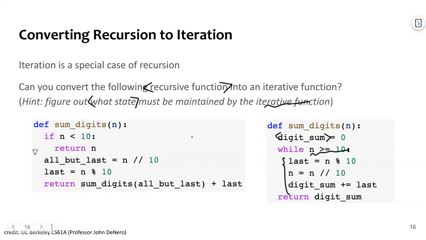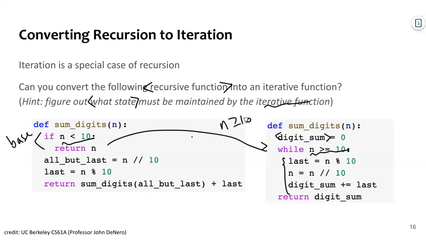So basically, in this case, we cared about the base case. And this base case was when n was smaller than 10. However, in this iteration, this is the opposite, right? We do this when n is larger than 10. And we're going to do the same thing. Split the number into n less than and last.